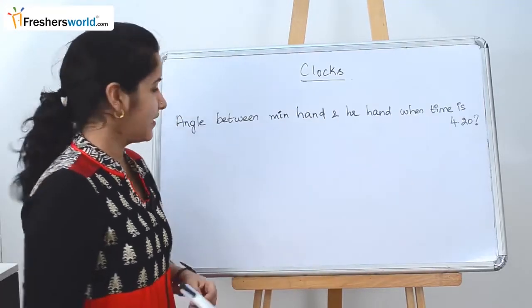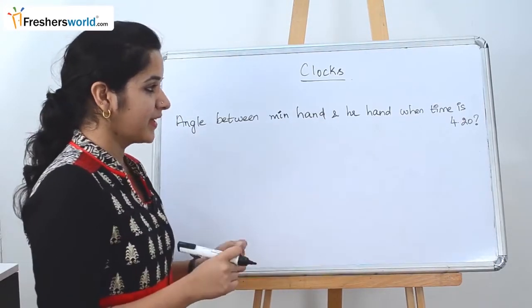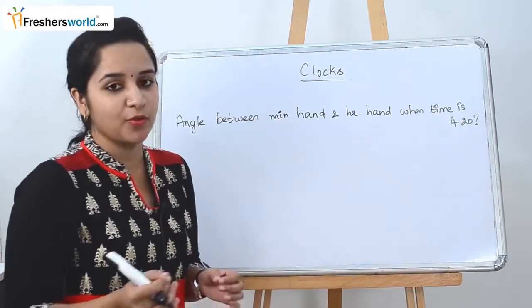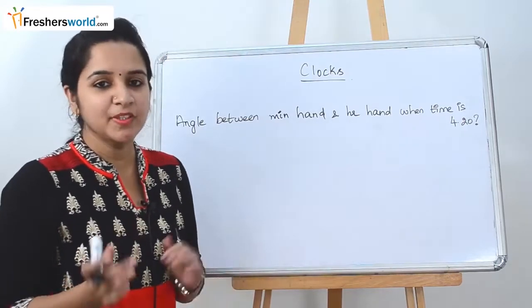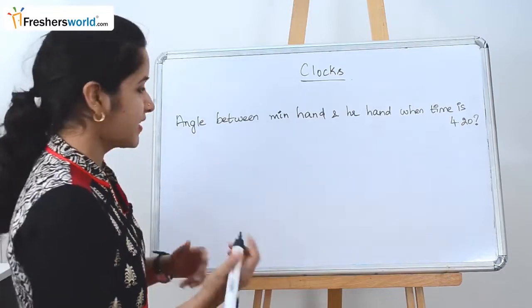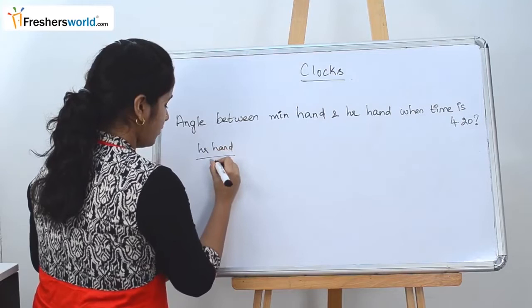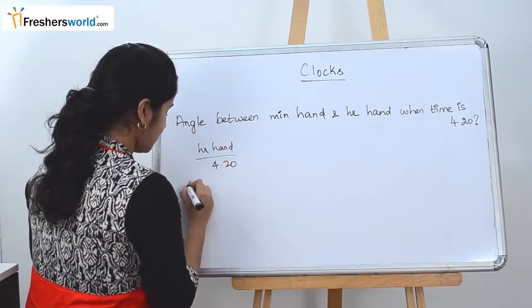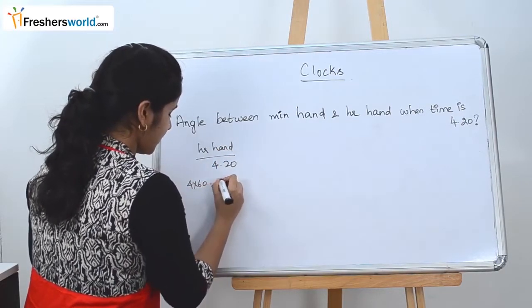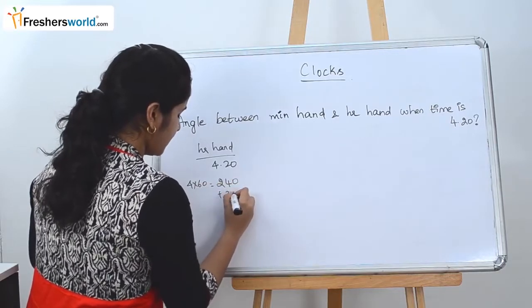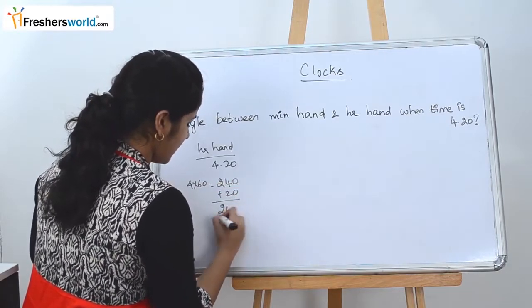The question they have given is: the angle between the minute hand and the hour hand when the time is 4:20. So let's get started. Let's first solve the hour hand for 4:20. As usual, 4 into 60 is 240 plus 20 is 260 by 60.